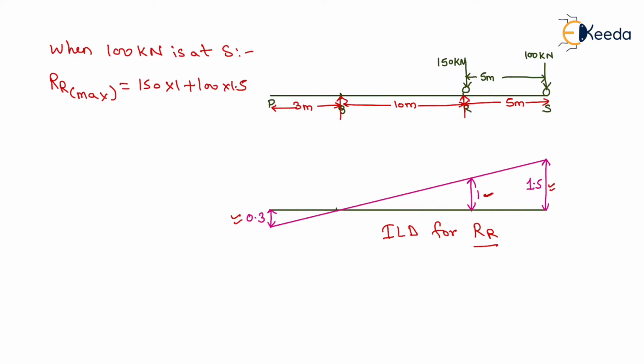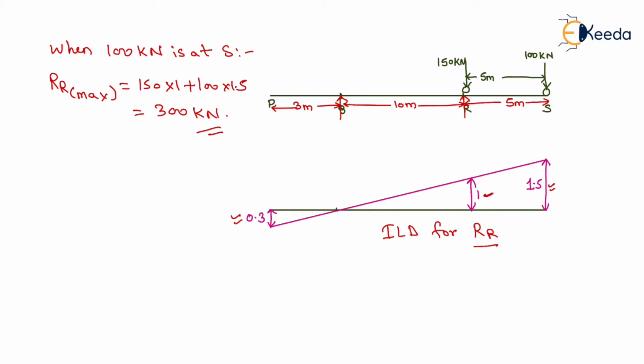Now after multiplying this, we will get 300 kilonewton. That will be the maximum reaction at R, because we had multiplied the load with the maximum positive ordinate, so the maximum reaction at R will be equal to 300 kilonewton.